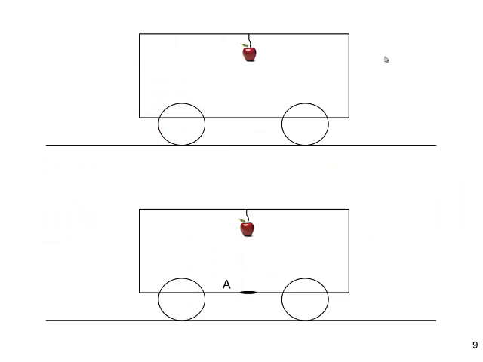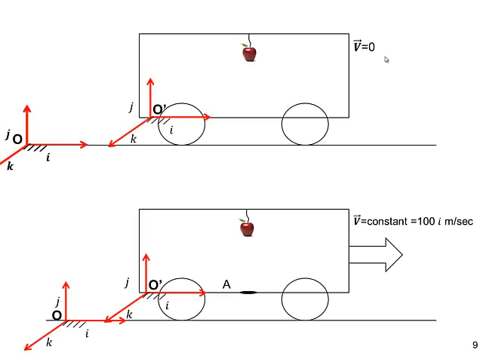Now let us consider a thought experiment. Two carts, one at rest and another moving with a constant velocity. O and O dash are inertial frames of reference fixed on the surface of the earth and on the moving cart respectively. An apple is tied and hanging in each cart as indicated.